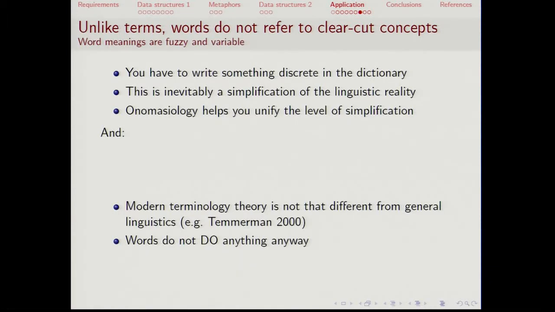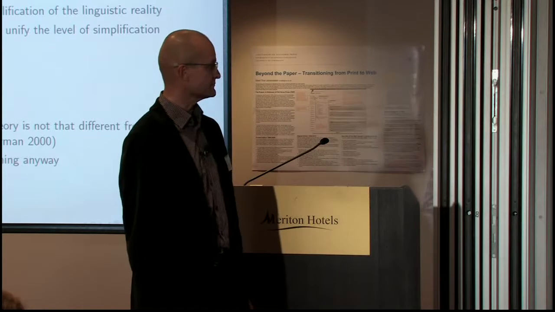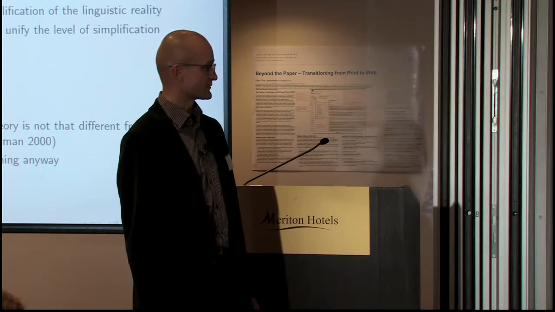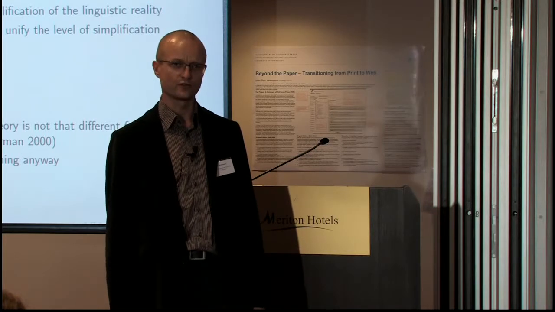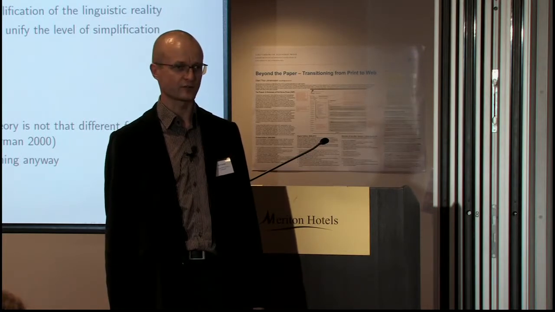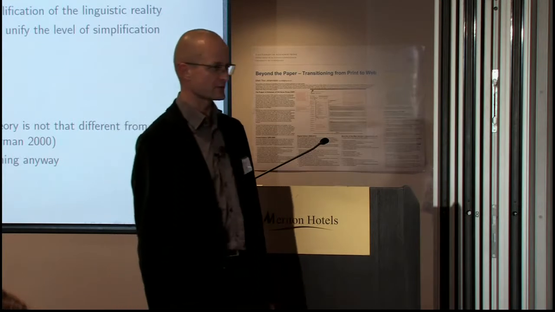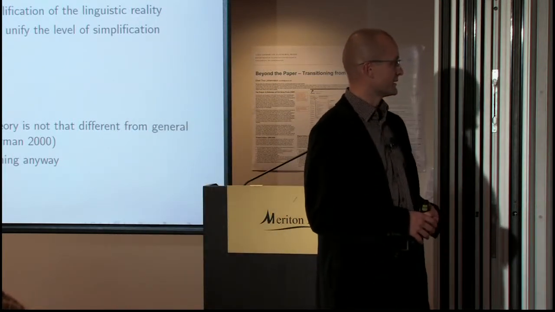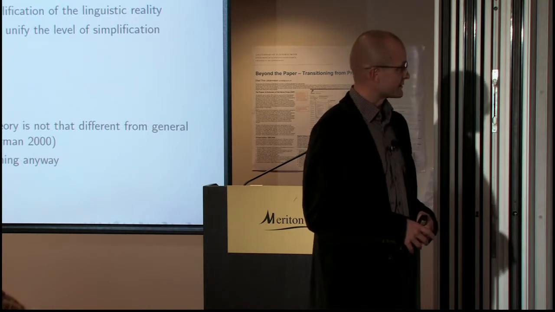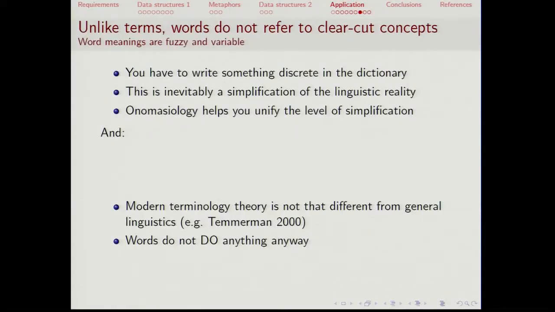It also follows the prototype theory, and so on. And of course, I'm still saying that words are inanimate objects that do not do anything. They, for instance, do not mean something and they do not refer to anything. It's humans who do things. So this is sort of not a problem at all.